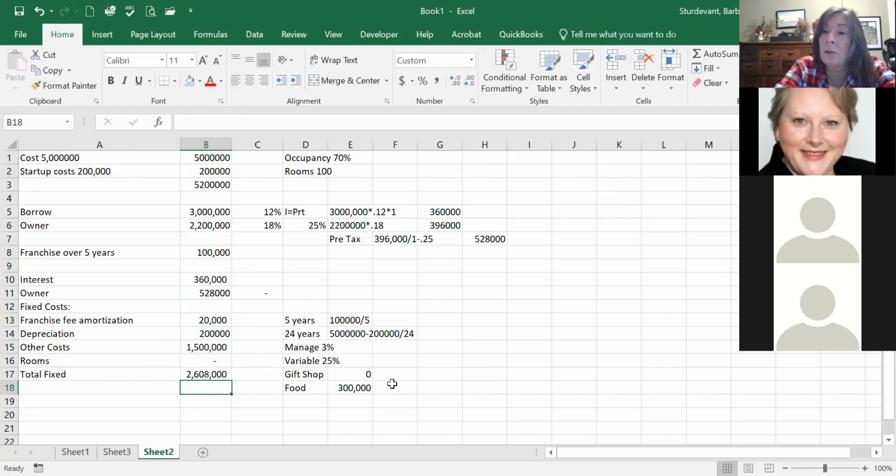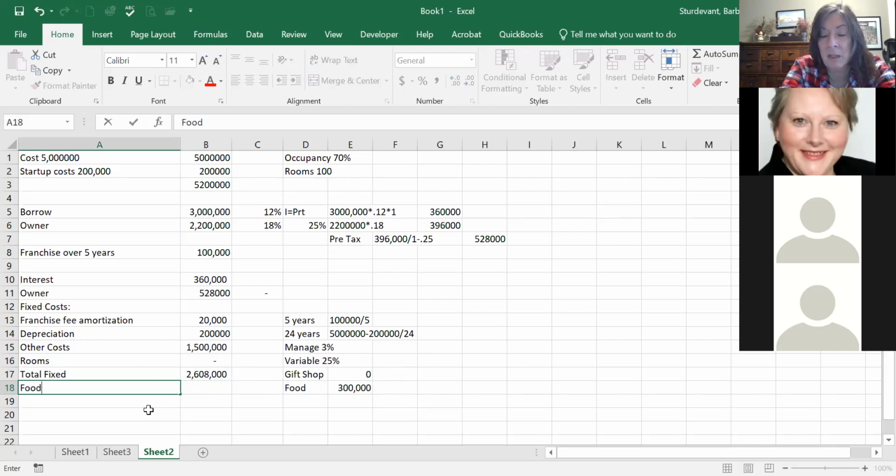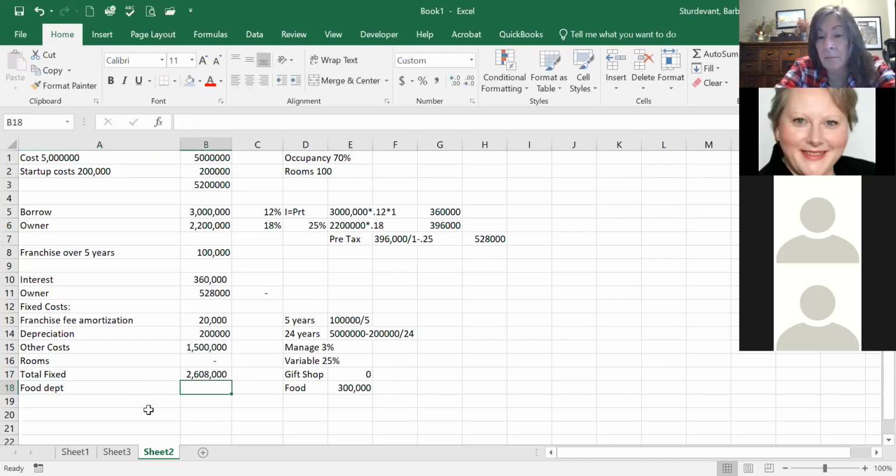Okay, this one is a little different. This is the total fixed costs, but we have another area that's going to contribute to those fixed costs. The gift shop is going to contribute nothing, but the food department is going to contribute $300,000. So that's that much less that I have to get from my room sales.